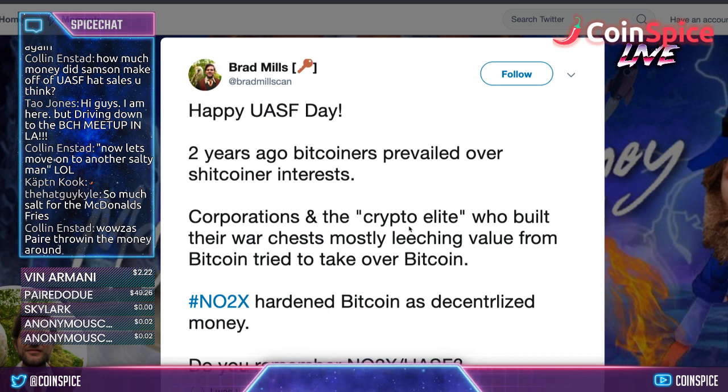So for anyone that doesn't know, there's a great chart out there that talks about SegWit adoption, and it showed that only about 5 to 10% fluctuating of users actually enabled SegWit. And it took an additional 6-8 months to a year for it to even get to like 30%, 40% of BTC users. And it's only really recently started to come up to around 60 and 70%, getting in that range.